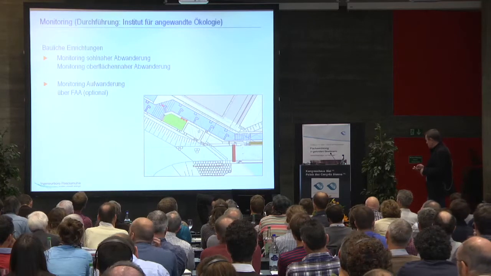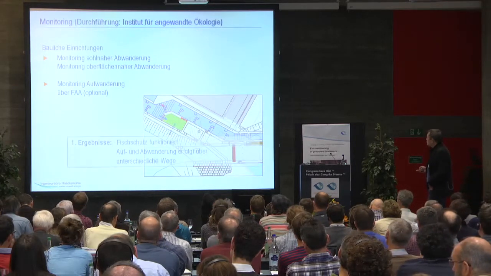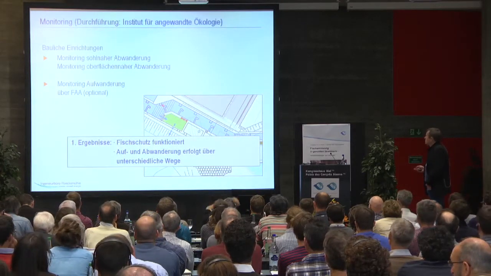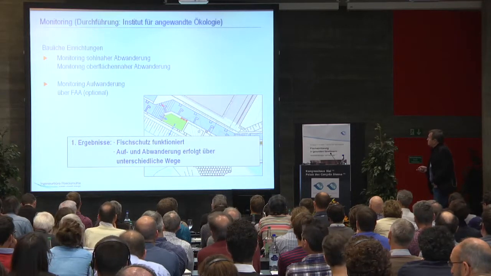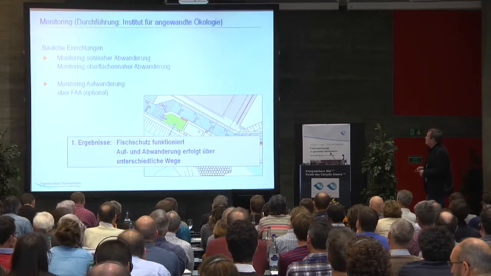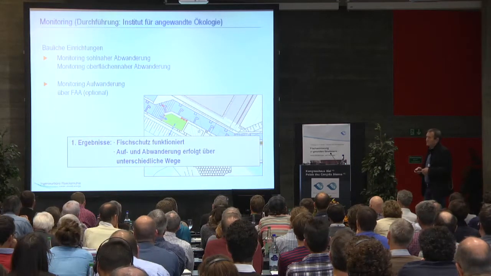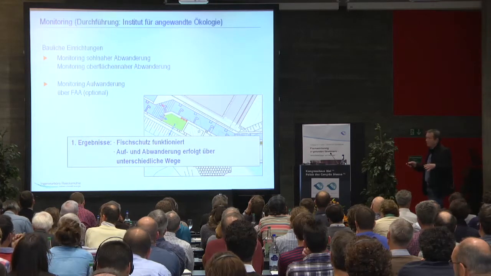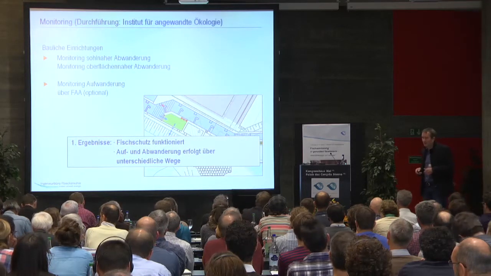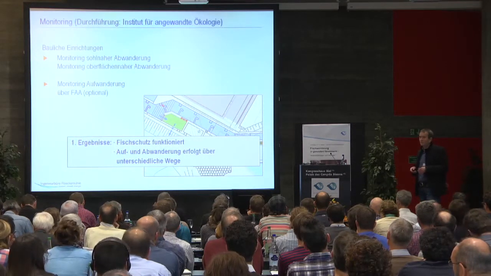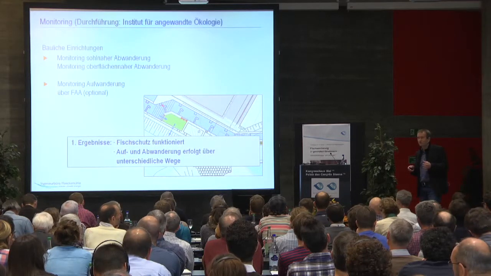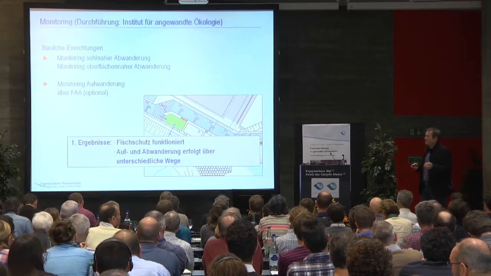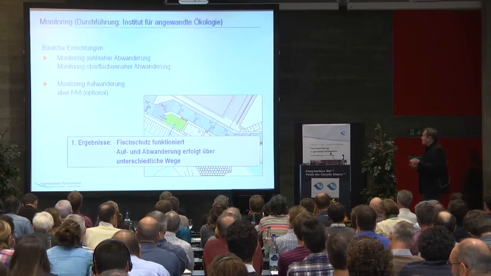Then the monitoring facilities. These are mainly pools that are planned to be used to count the fish descending. However, the monitoring is actually now done with transponder examination, so that all the many different descending ways are taken into account at weirs, for instance, because we wanted to see how does the downstream migration behavior work there?